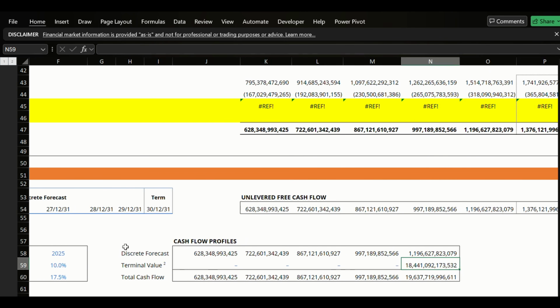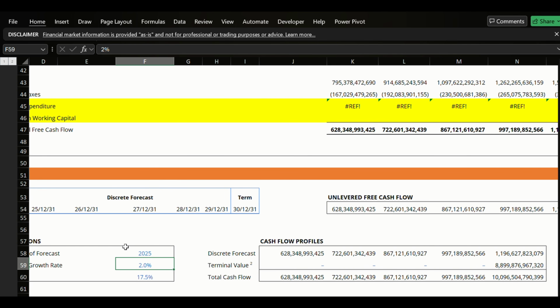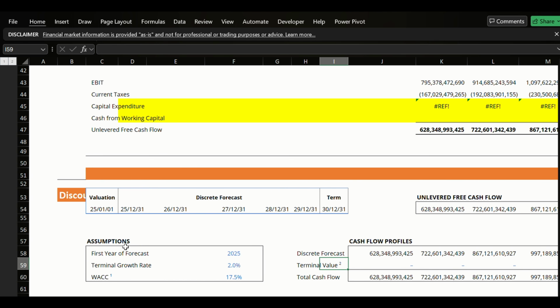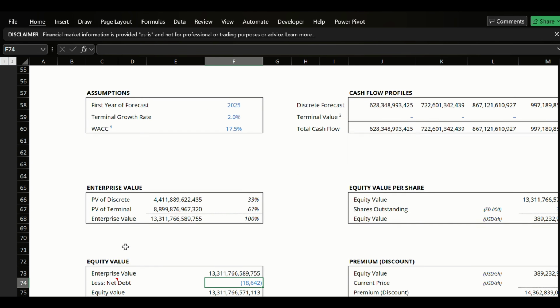Now, so the terminal is even high at 5. What's more realistic? Let me leave them like that.